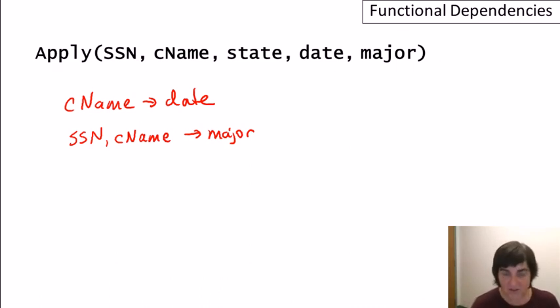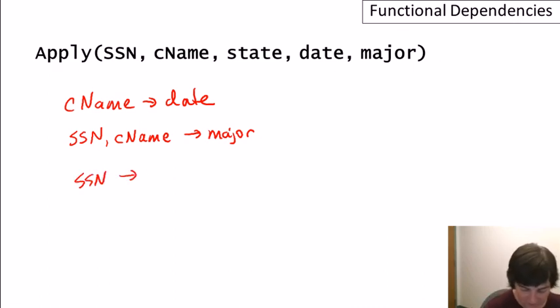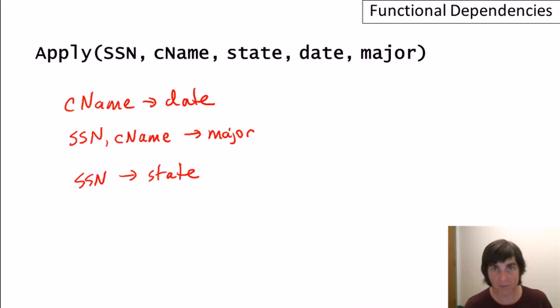Maybe we have a constraint that students are only allowed to apply to colleges in one state. That seems rather unlikely, but I was struggling to find functional dependencies for this case. In that case, we'd have this functional dependency, again saying a student could only apply to colleges in a single state.